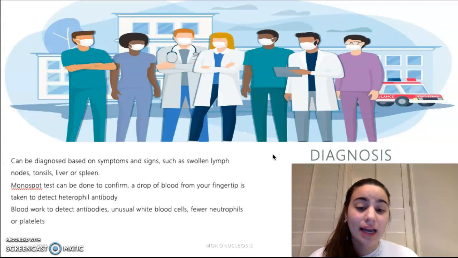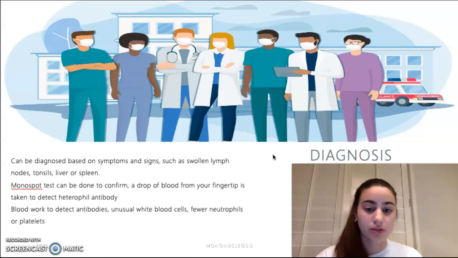That only works if you have never had mono before, because if you had mono before and it resurfaced, you're always going to have the antibodies, so it can show false positives or false negatives.